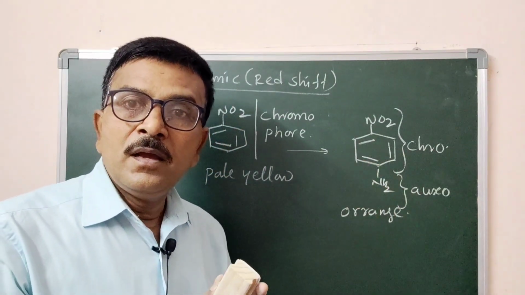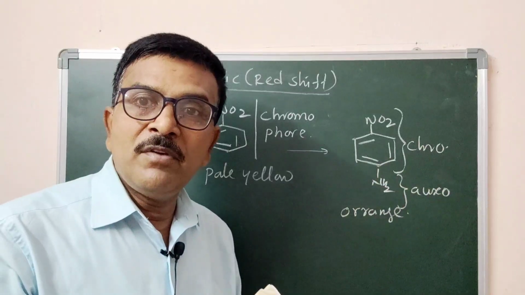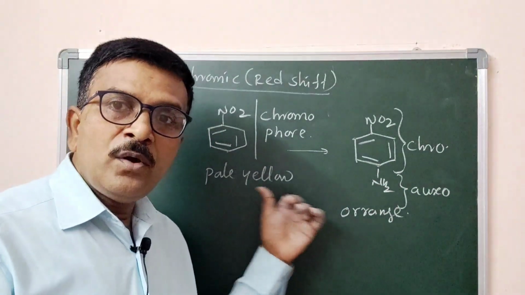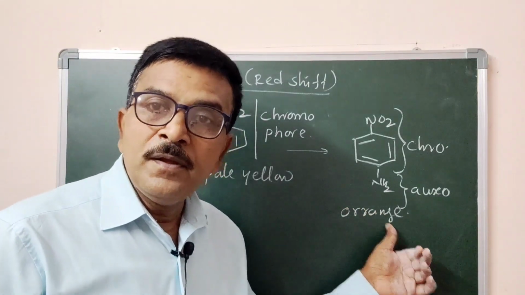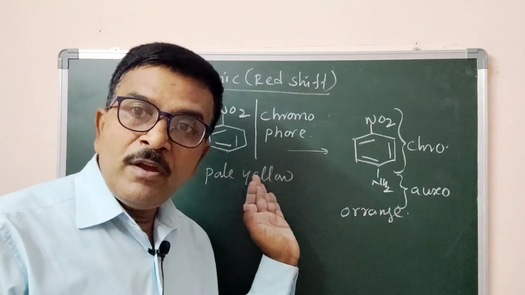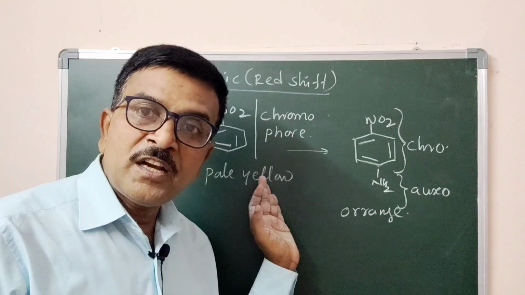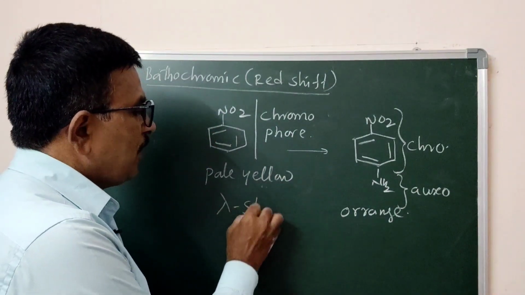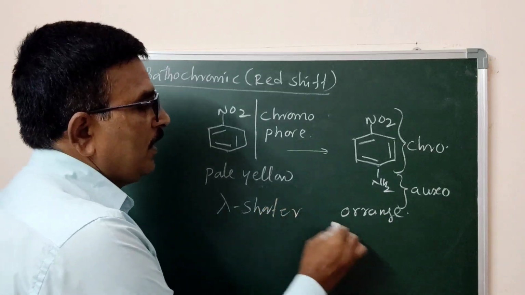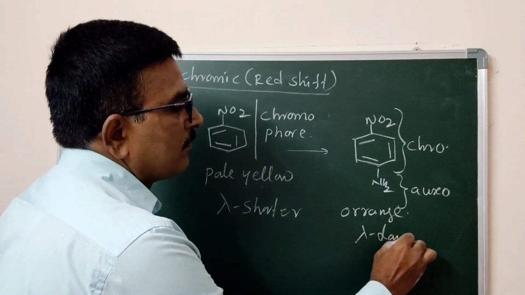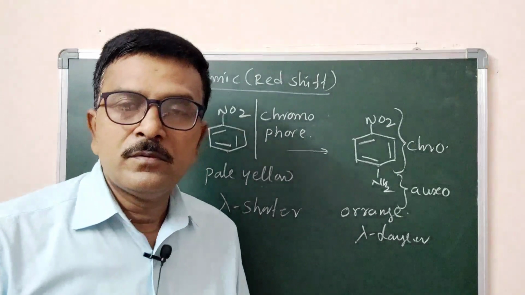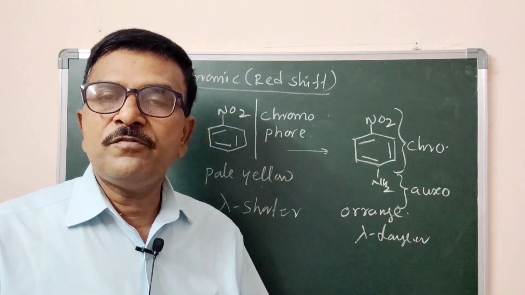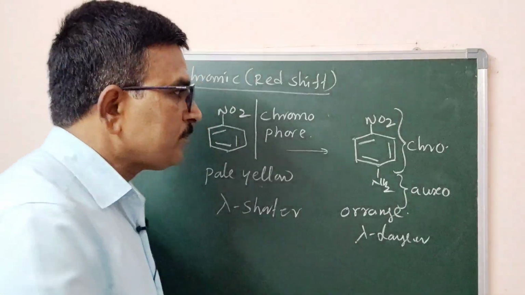Visible region radiation corresponds to longer wavelength, ultraviolet corresponds to shorter wavelength. Pale yellow becoming orange indicates increasing wavelength of absorption from shorter to longer wavelength. Here the wavelength is shorter. Here the wavelength is longer. Longer wavelength shift is called a bathochromic shift. So it is shifted towards bathochromic.